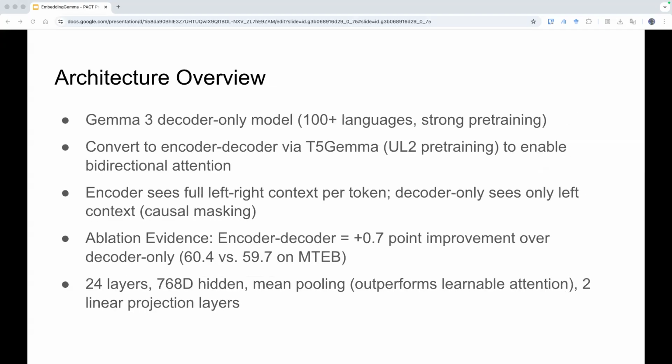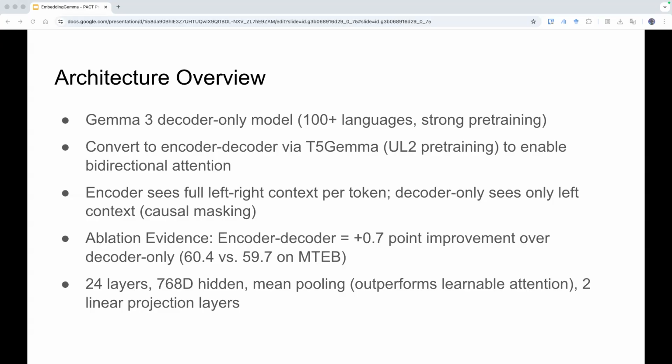At an architecture overview, this is based on the Gemma 3 decoder-only model. They use the decoder-only model with the help of UL2 pre-training to create an encoder-decoder model. Then they remove the decoder part and just use the encoder for the embedding model.